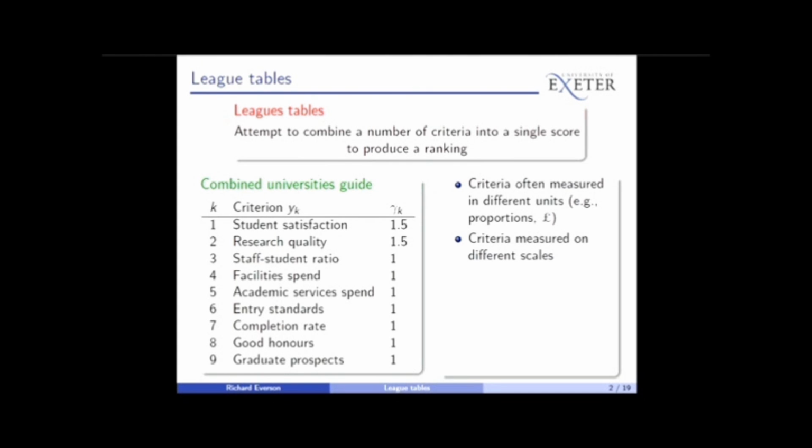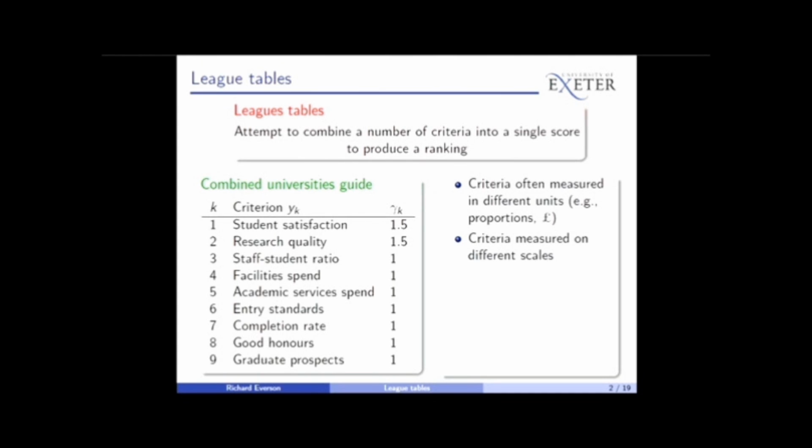And most of these, particularly in this league table, are weighted. They have a weight 1, but a couple of them, student satisfaction and research quality, get a bit of extra weight. And so you might start to worry about how this league table is constructed.